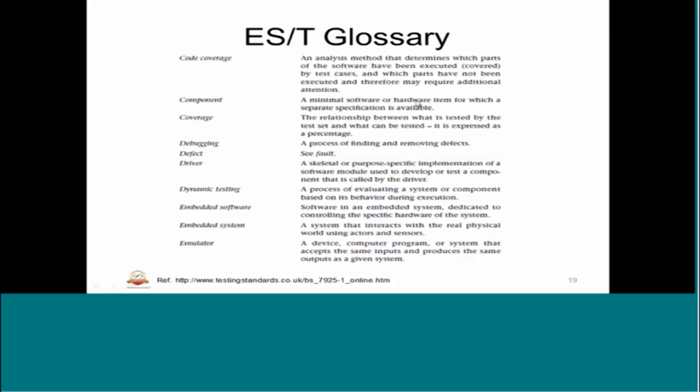The next one is the component, a minimal software or hardware item for which a separate specification is available. That means a unit. It could be an ECU, or in aerospace it is called a CSI, CSU, CSCI, etc.